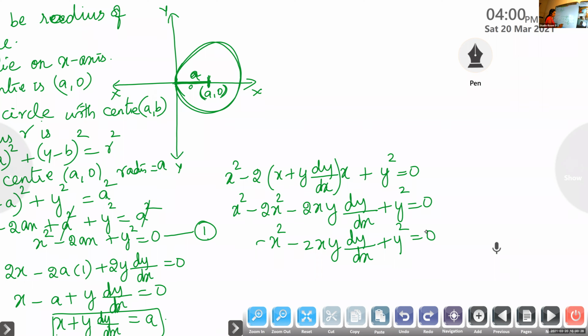If you multiply throughout by minus 1, we will get x square plus 2xy dy by dx minus y square is 0. Check the sign, children: minus is common for both the terms. Okay, when you open the brackets, do it carefully.